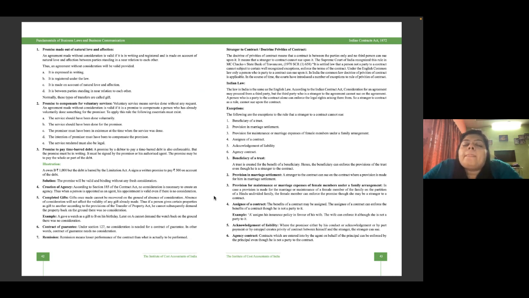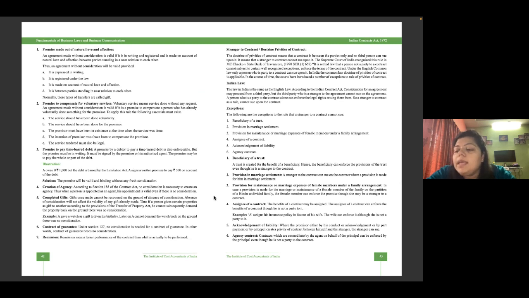Every single time that there is a contract between two parties, what exactly is there for a third party who is not involved in the contract to bring in claims against the two parties who are in contract?